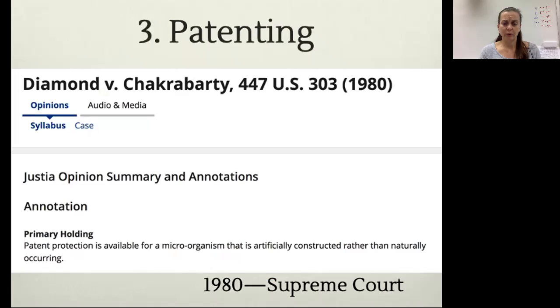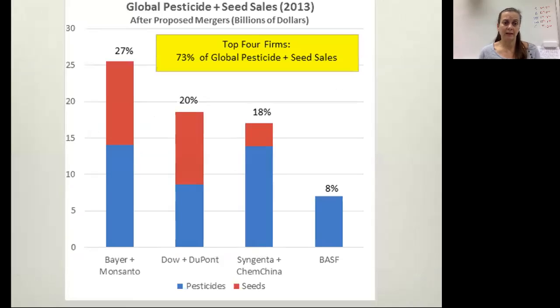And so if you look at the landscape of genetically modified organisms, the interesting thing is that there are 4 firms that are responsible for 73% of global pesticide and seed sales. And those 4 companies make both pesticides and seeds.